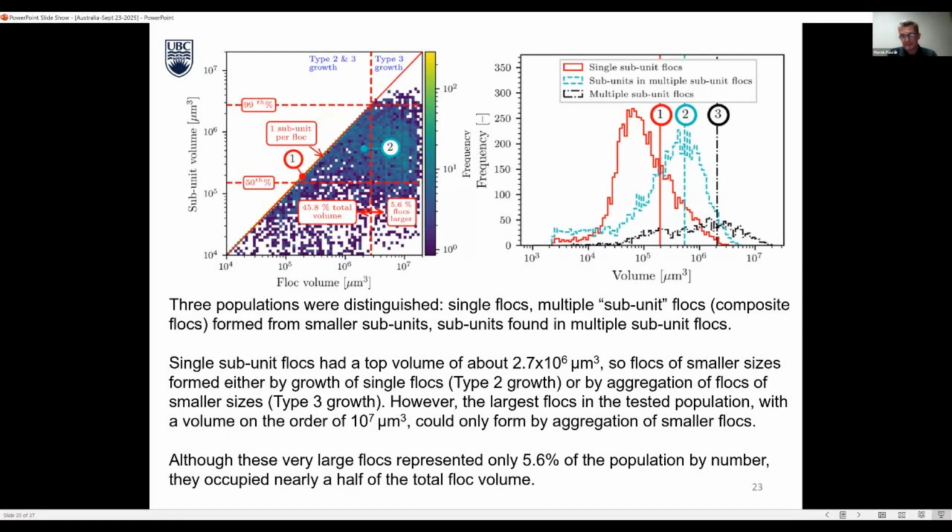So these distributions suggest that very large flocks are unlikely to form as a result of growth. They are much more likely to form as a result of mechanical entanglements between smaller flocks.